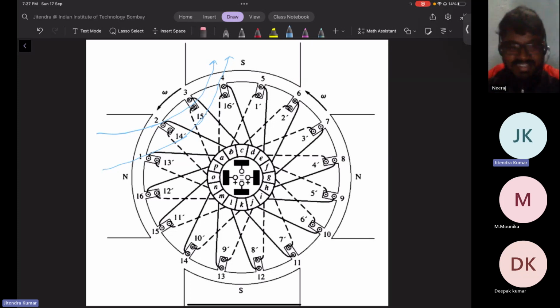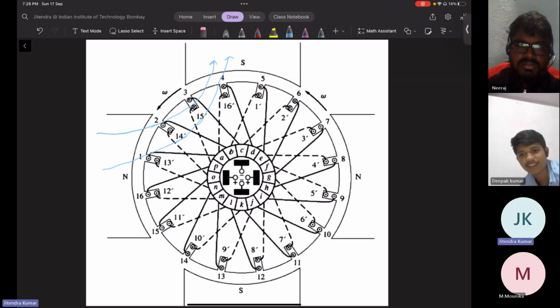So Neeraj's question was that in such cases, interpolar regions can also be linked. Yes, they can link, but you see from this particular direction, there might be a possibility of some conductor being left out in linking if the machine is large. If you are dealing with a very large machine, in such a scenario you have to provide a higher number of slots.